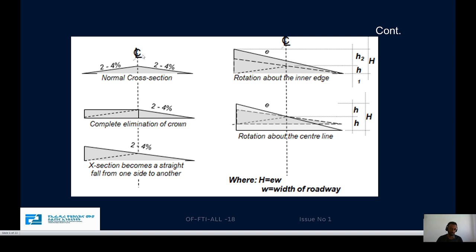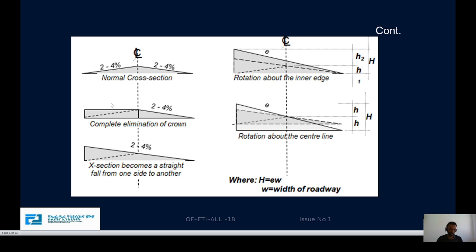This part is the first stage, and the second stage starts from 0 up to the maximum. So there is a 0 slope entering the curves.